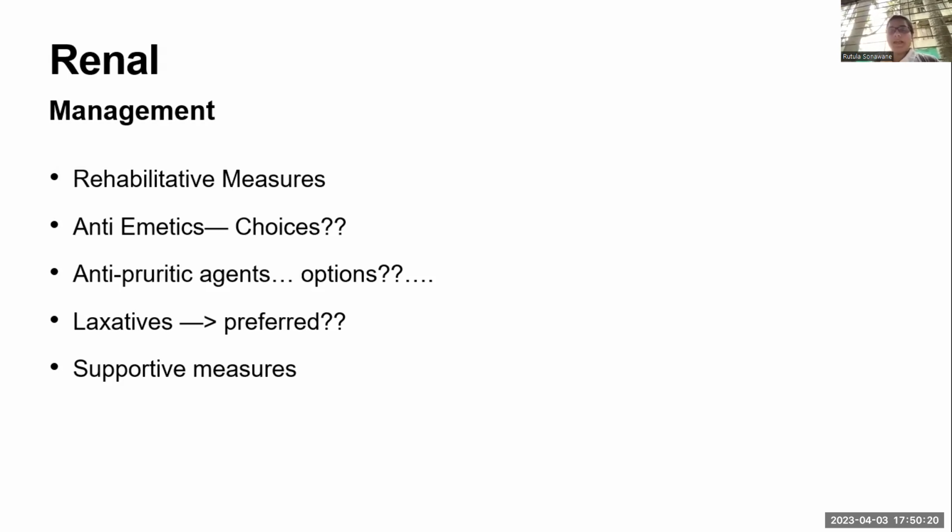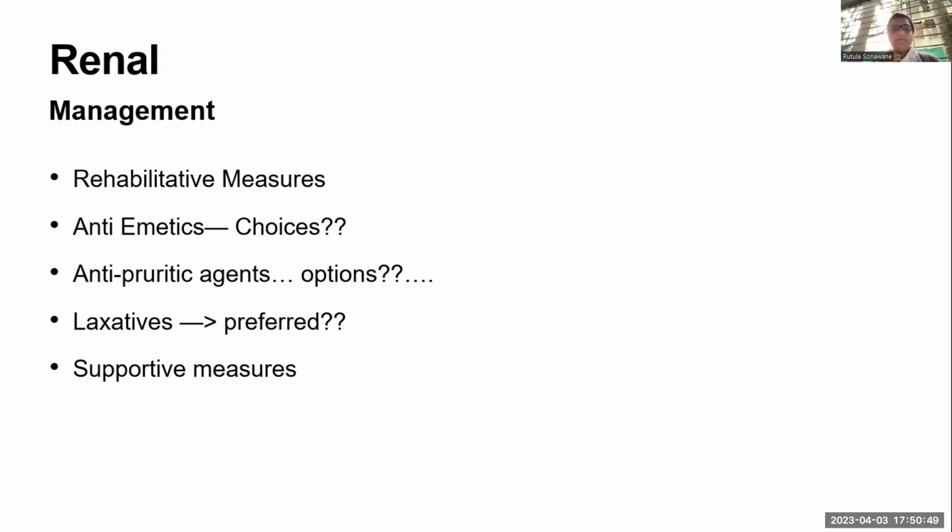Phototherapy, UVB light helps in uremia-induced pruritus, or local application of capsaicin. That's what it is, UV therapy. And capsaicin, local application of capsaicin helps in uremic pruritus. Naltrexone will also sometimes help. Laxative again would be lactulose, and supportive measures as and when required.